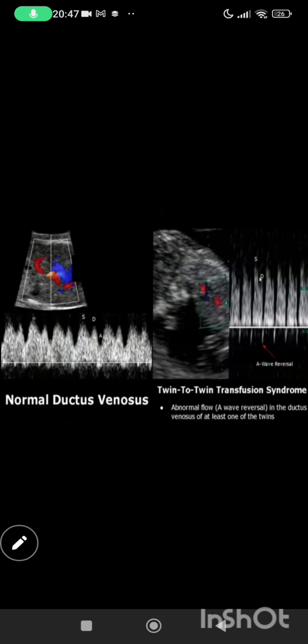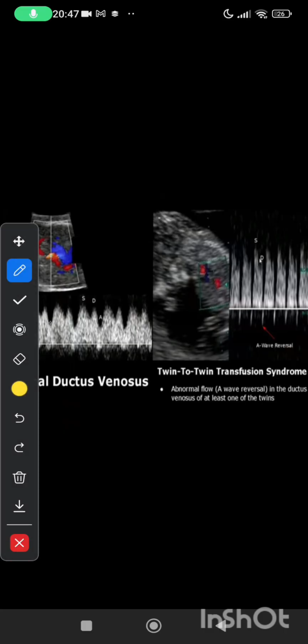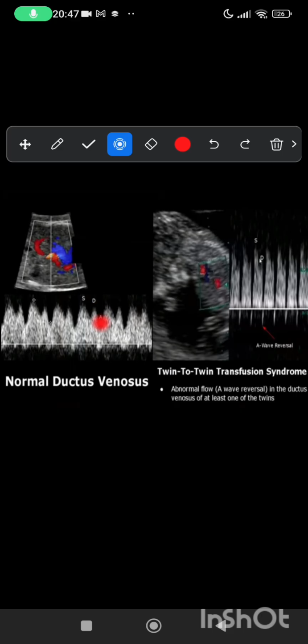Okay, now come the Doppler waveforms. In the ductus venosus, normally the A wave, is it above the baseline or below the baseline? Anyone? Above the baseline.